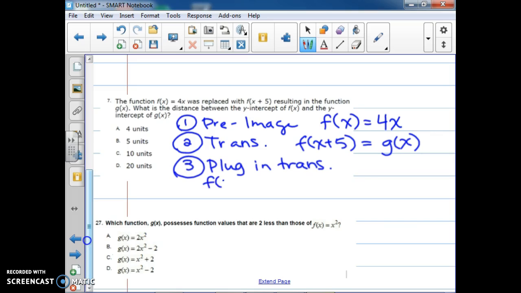So f of x plus 5 is going to change f of x to look like this: 4x becomes 4 times x plus 5. Because here, the 5 is inside the parentheses with the x, so we should show that the same way in our function. Alright, so now we're going to simplify.